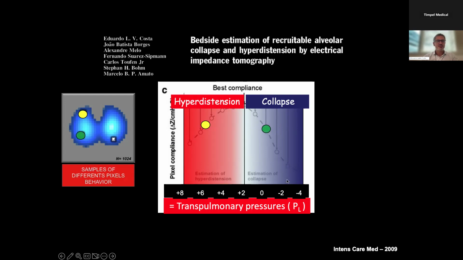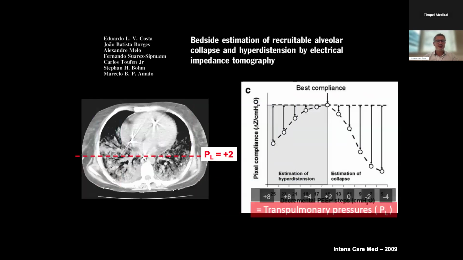So that's how you can think of it, and that's indeed something very interesting, because when we look at global transpulmonary pressures, we're usually measuring the transpulmonary pressures at the level of the esophagus.